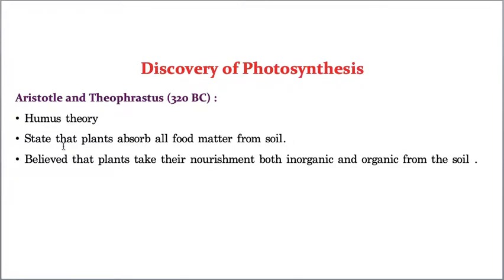The first attempt of describing photosynthesis was done by Aristotle and Theophrastus. Of course, later it was proved wrong. Put that aside. But the attempt of explaining photosynthesis was made by Aristotle and Theophrastus. It is believed that plants take their nourishment, both inorganic and organic, from the soil itself.